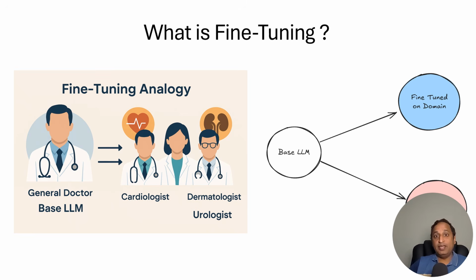You have a base LLM like GPT or Anthropic or Mistral or DeepSeek. These are general purpose LLMs. They have been trained on pretty much all the data available on the internet. Now we want to take this particular LLM and train it on a specific domain or for a specific task.